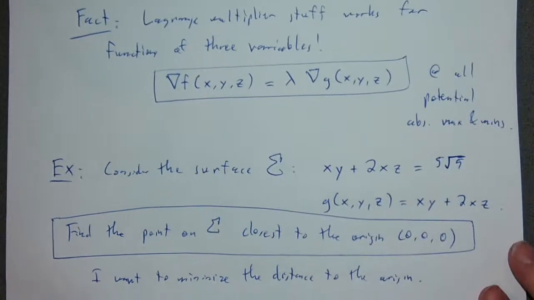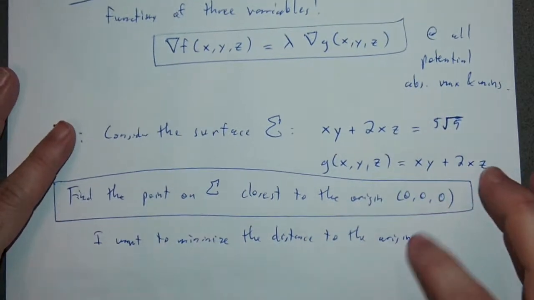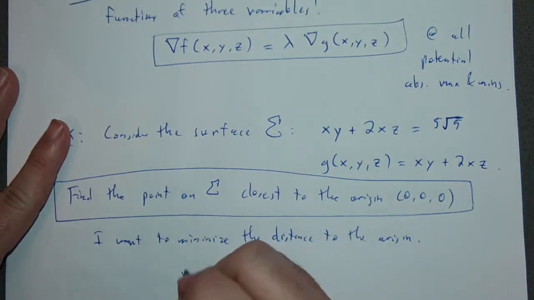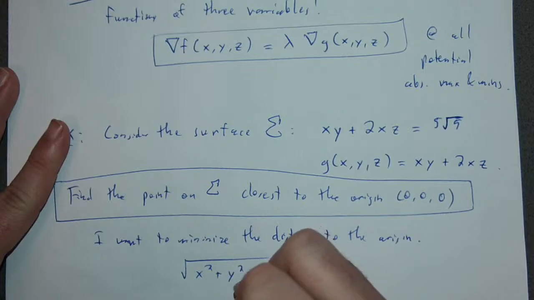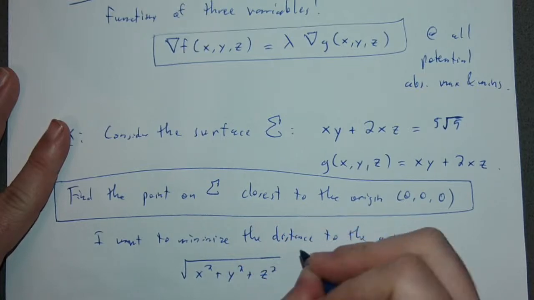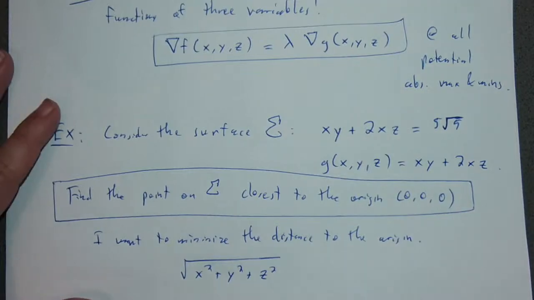But what is the distance to the origin? Well, by the distance formula, the distance to the origin is the square root of x squared plus y squared plus z squared. This is the distance from a generic point xyz to the origin.